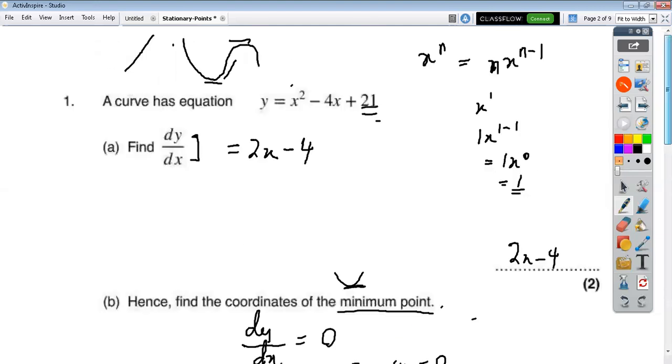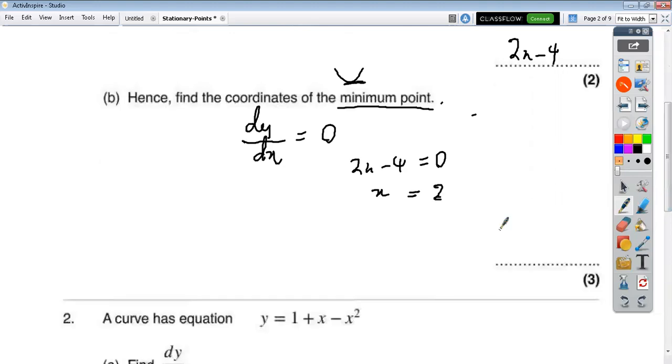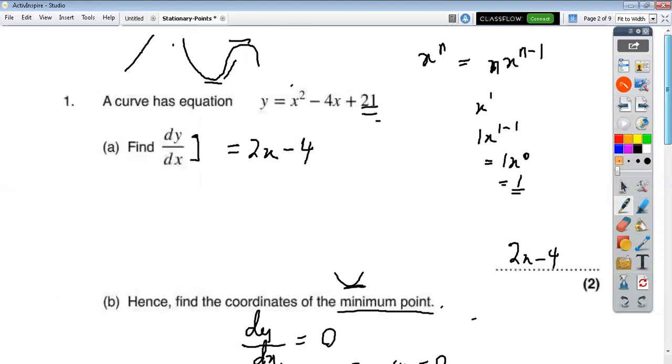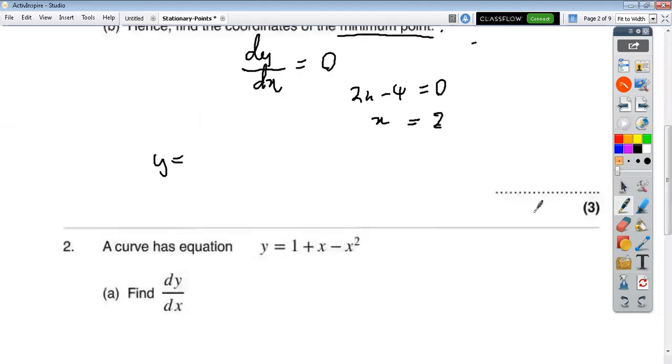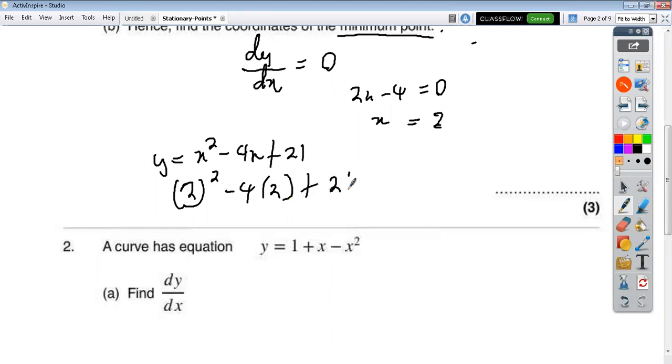You simply use your equation of the curve. The equation of the curve is y is equal to x squared minus 4x plus 21. So when x is equal to 2, let's substitute: 2 squared minus 4 multiplied by 2 plus 21.